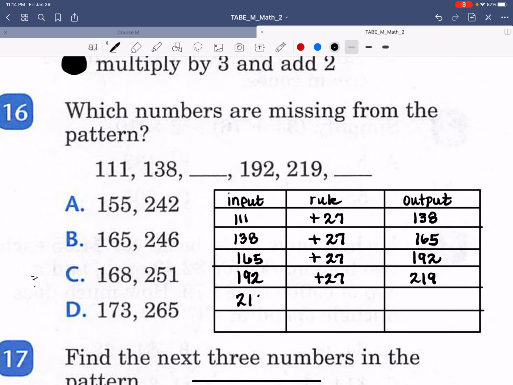And then 219 plus 27 is 246. That would become the next input. So the numbers that are missing are the 165 and the 246. And you would have to choose the one answer that gives you both of those. So B is the one you want.